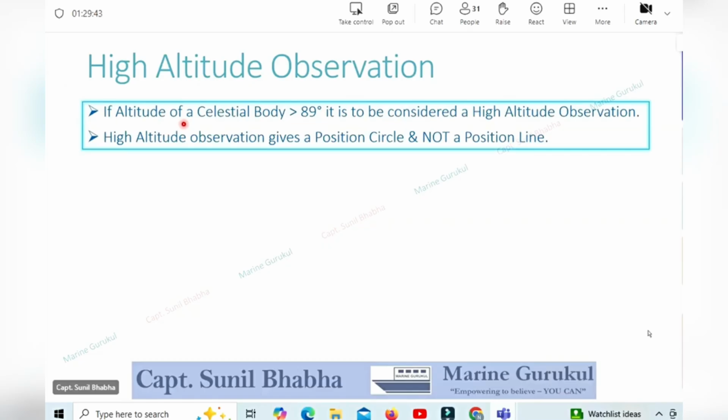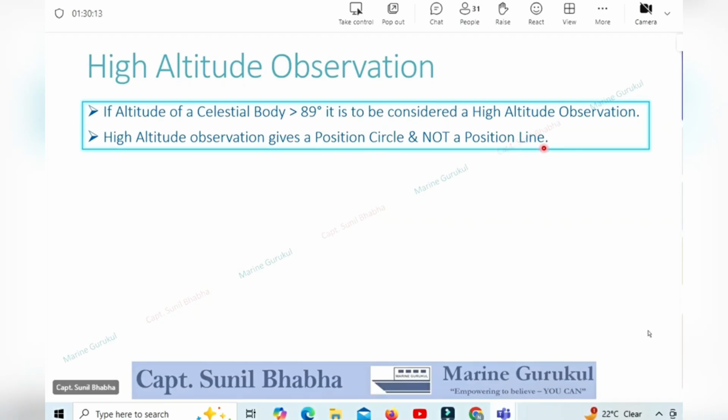If you find the altitude of any celestial body greater than 89 degrees in our questions, it is to be considered as a high altitude observation. Important thing to remember is that a high altitude observation gives us a position circle and not a position line.